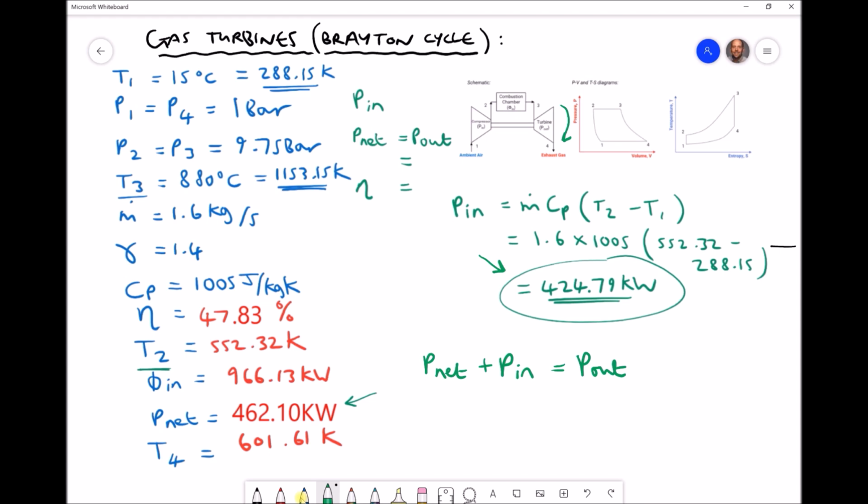So the power output from our turbine in this case is the original net power output, 462.10, plus the power that was being consumed by the compressor, 424.79, which gives us a power output this time of 886.89.